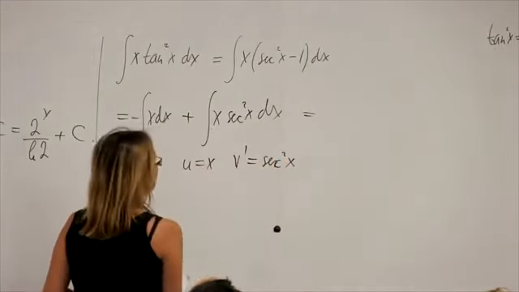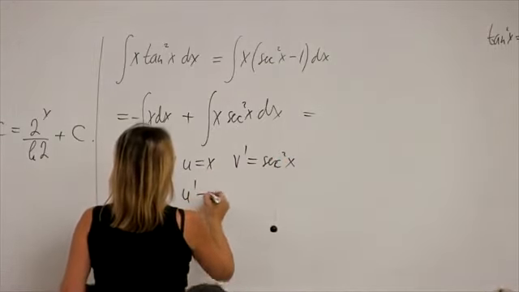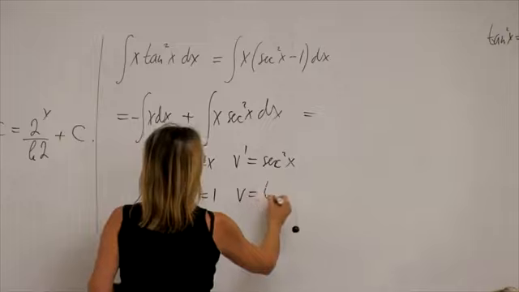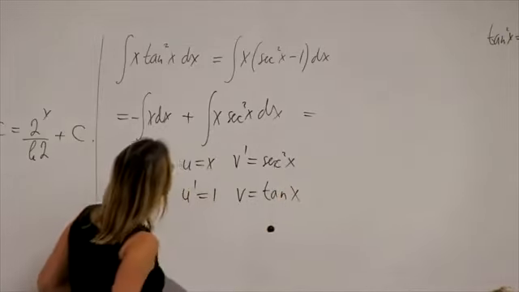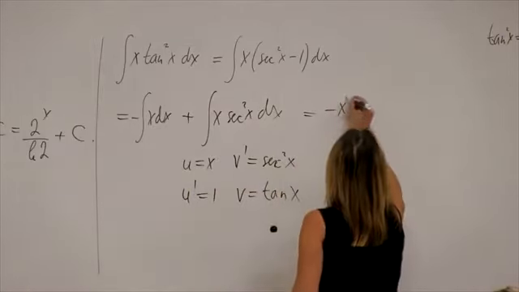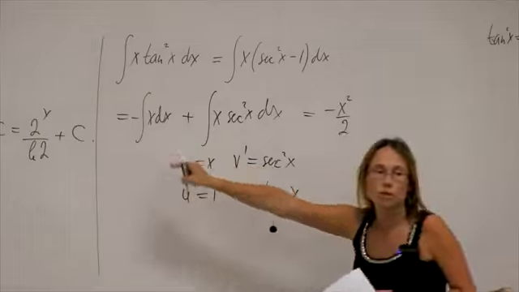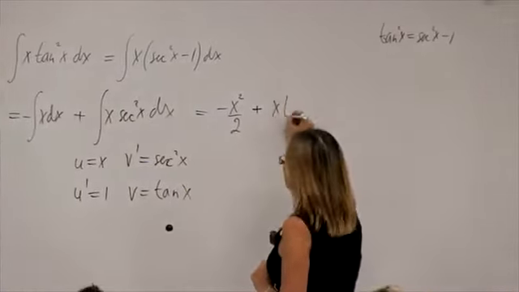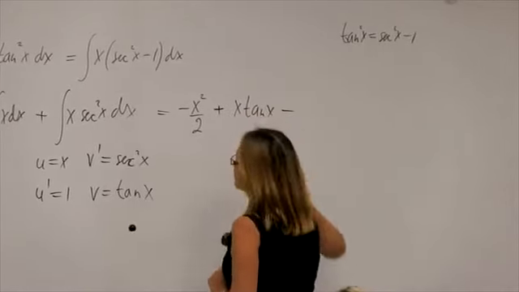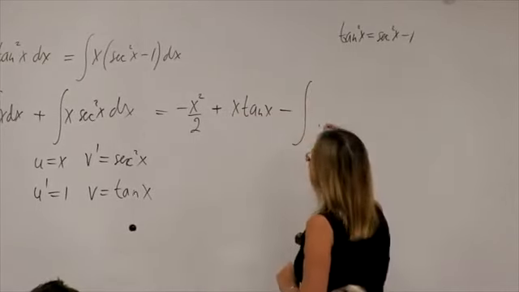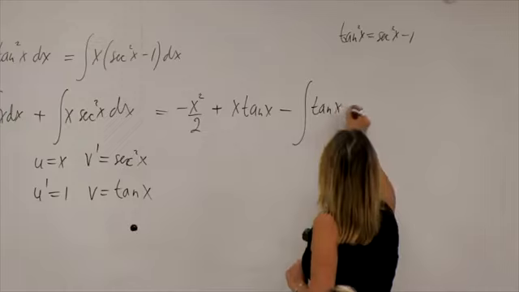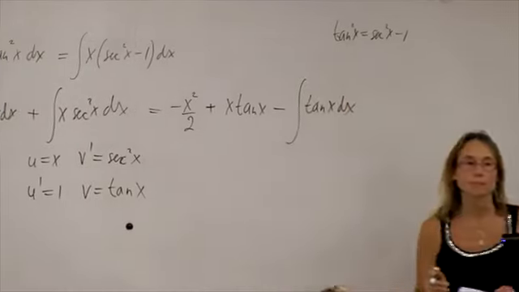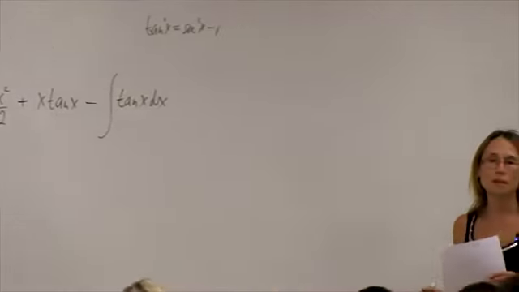So that immediately sets up my integration by parts, v is tangent x, right? So minus x squared over 2 comes from the first integral. And I have uv, x tangent x, and I have minus the integral of tangent x dx. Okay, I'm not quite done.